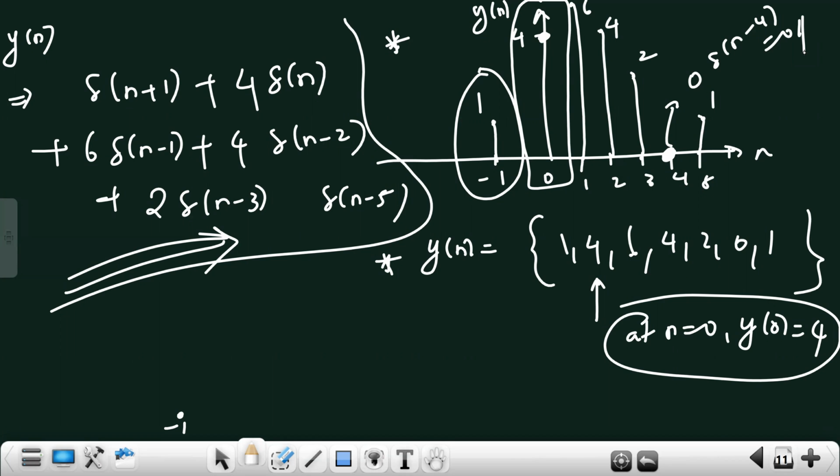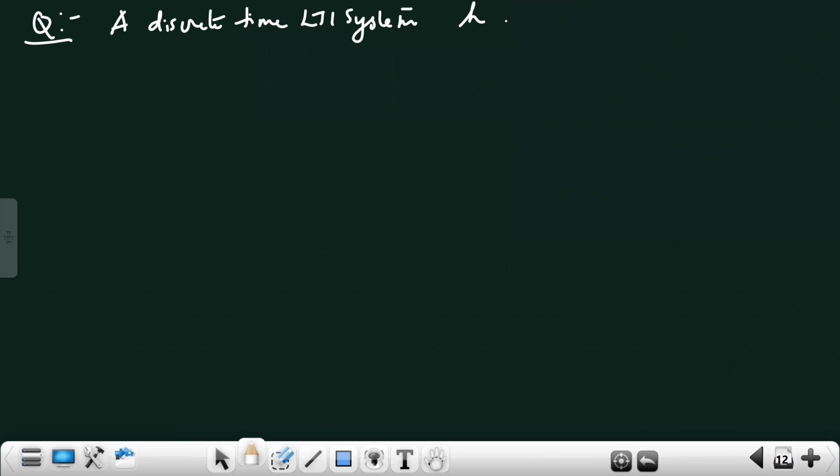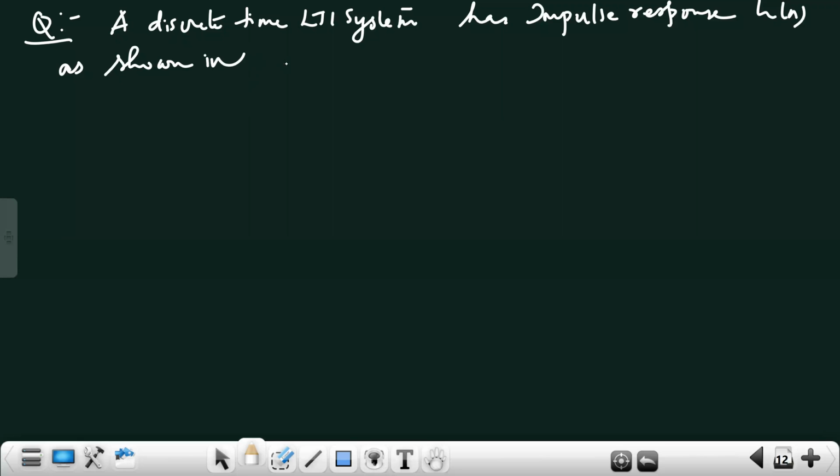A discrete time LTI system has impulse response h of n as shown in the figure.